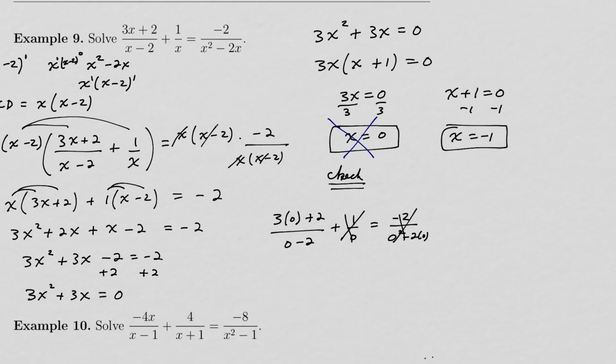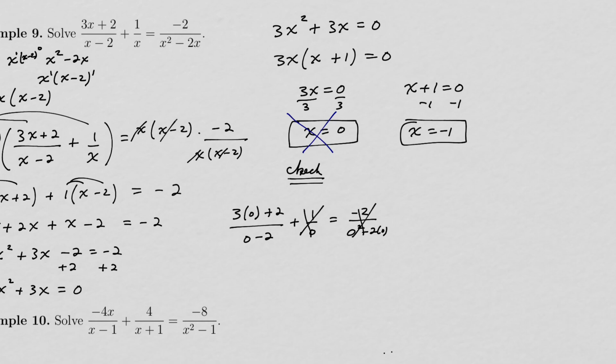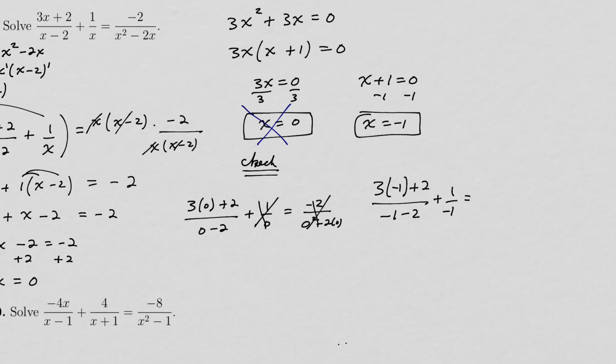Now let me try plugging in x equals negative 1. So I have 3 times negative 1 plus 2 over negative 1 minus 2 plus 1 over negative 1 is equal to negative 2 over negative 1 squared minus 2 times negative 1.